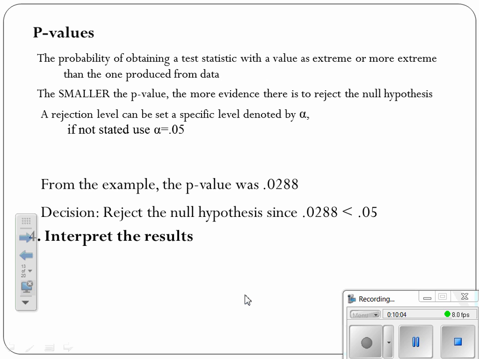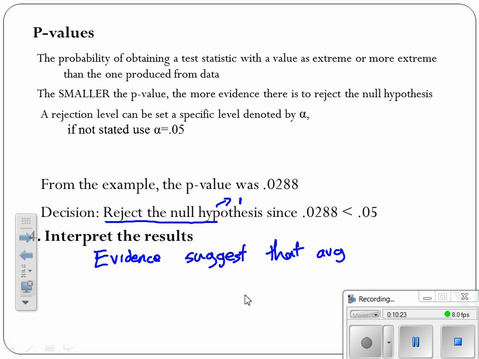So to interpret those results, if we rejected the null, then our evidence suggests that the average life, so if we rejected the null, that means that we're going in favor of the alternative.